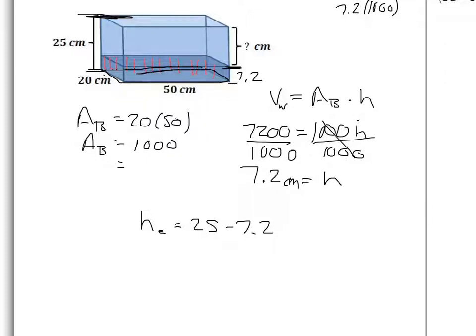That's going to be equal to 17.8 centimeters. We're able to find that because we know the total is 25, so we're looking for the difference between the total and what the water is taking up.